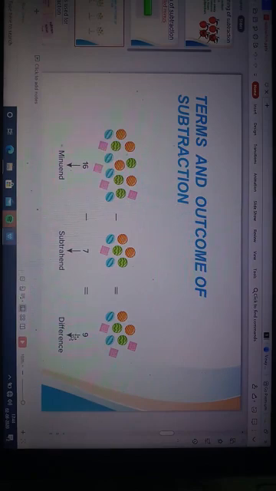The number from which another number is subtracted is called minuend, the number which is subtracted is called subtrahend, and the answer is called difference. Is it clear, beta?